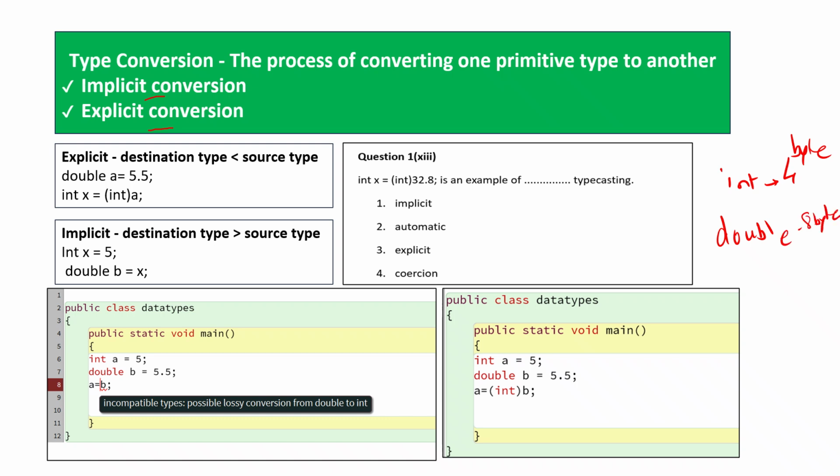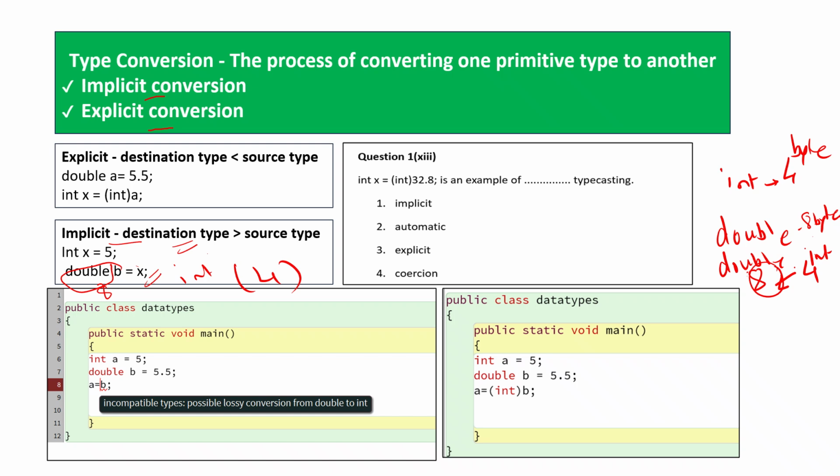If I want to store an int, 4 bytes, in a double, 8 bytes, it will easily get occupied. So I don't need to do any explicit typecasting. This is known as implicit conversion, where my destination is greater than my source type. Here my destination double, 8 bytes, is greater than my source type int, 4 bytes.